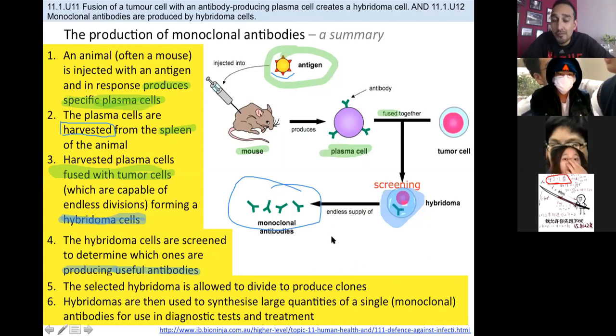Then the hybridoma cell is going to have two nuclei, one from the plasma cell, one from the tumor cell. Which one is it going to use? Both. Probably both.